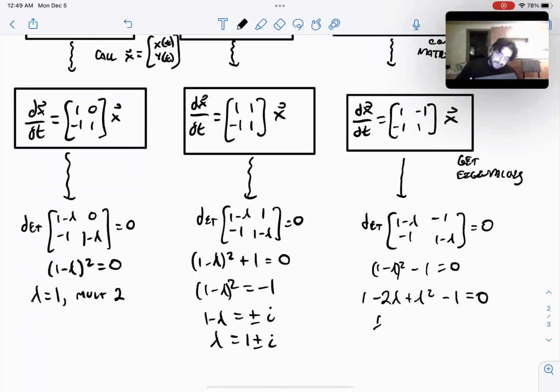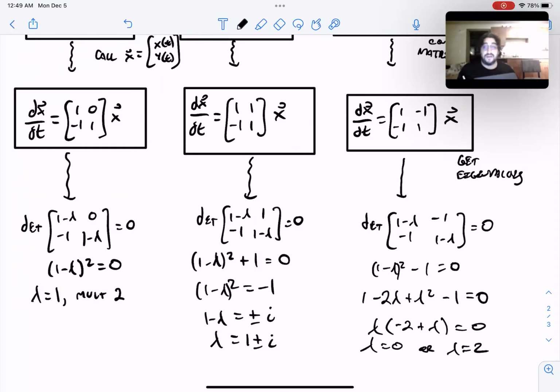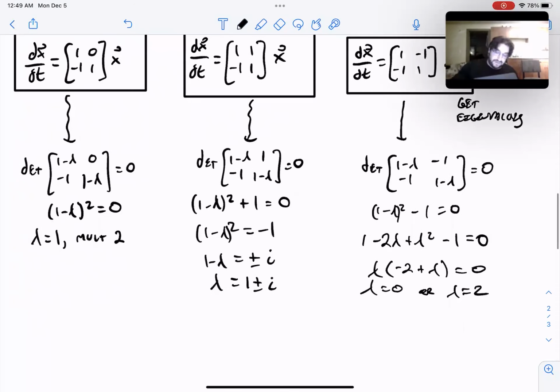So we get a nice easy factorization: lambda times (negative 2 plus lambda) equals 0. So lambda is 0 or lambda is 2. So there we go. We have three very different stories with regards to the eigenvalues.